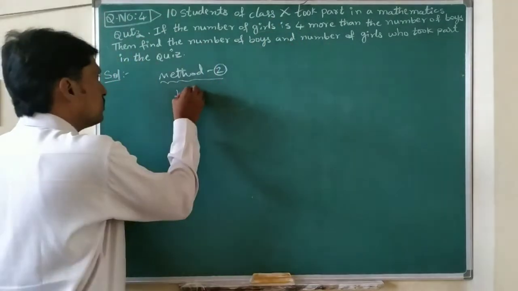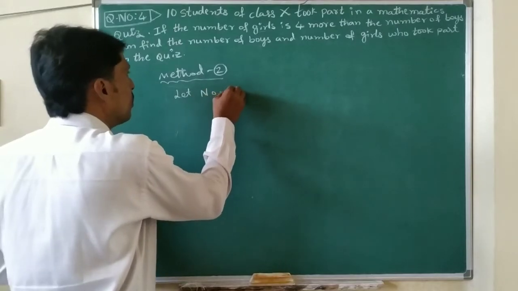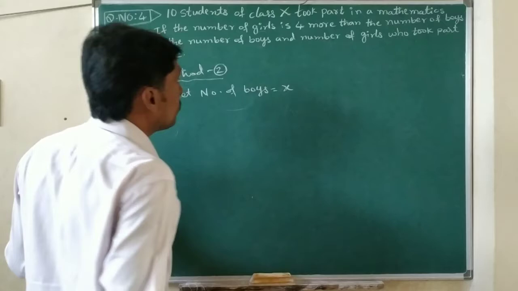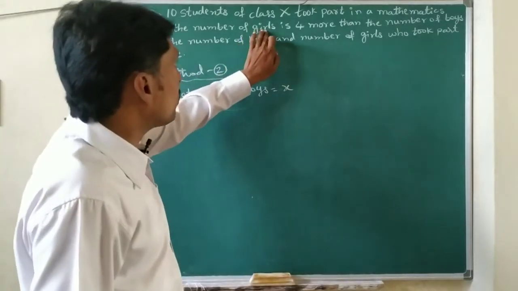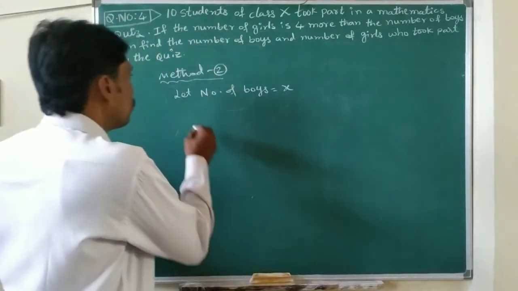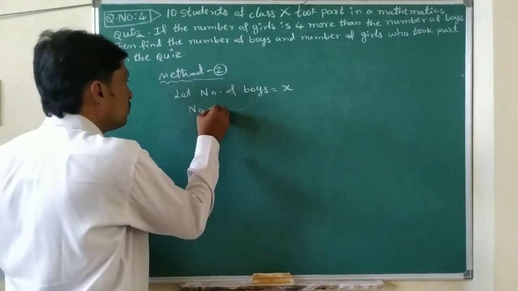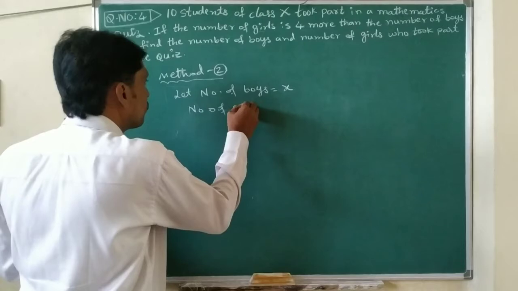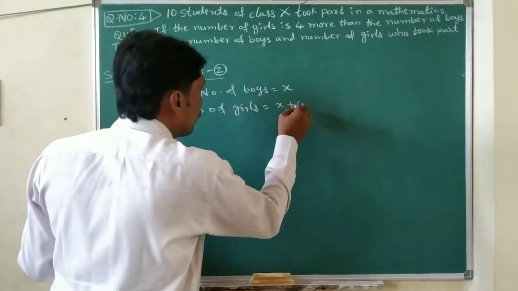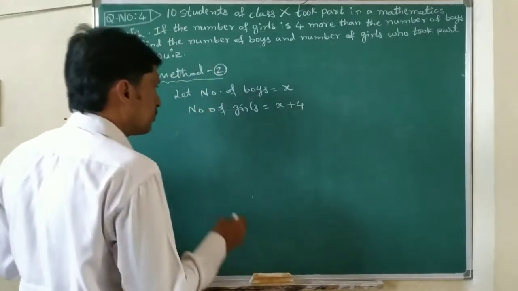So let number of boys equal x I am taking. Number of girls, how it is given? 4 more than the number of boys is given. So number of girls, 4 more than the number of boys, means x plus 4.